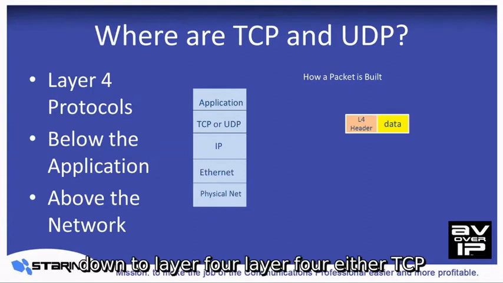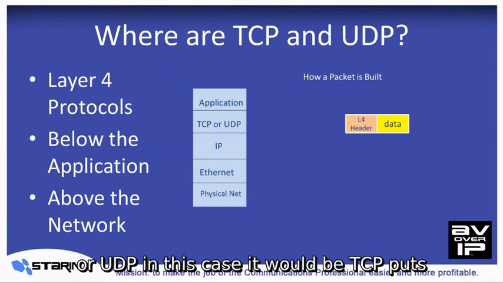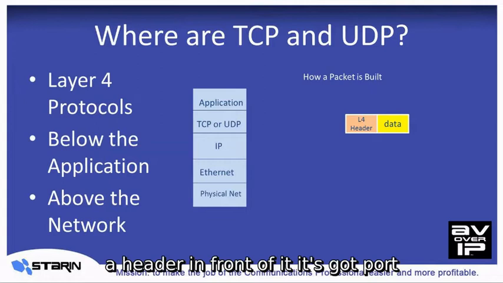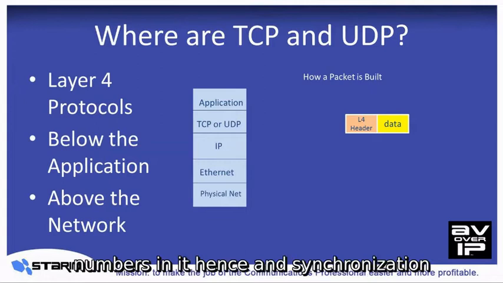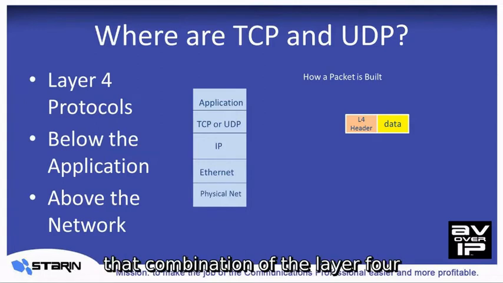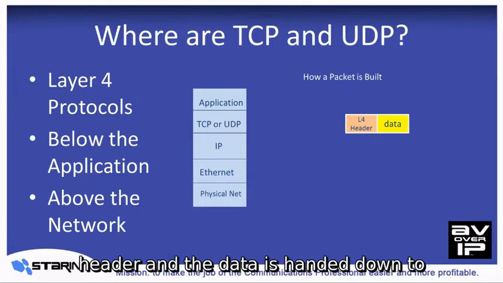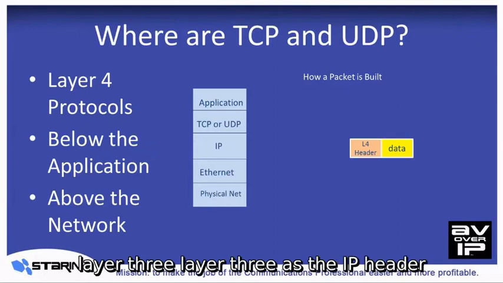So it sends it down to layer 4. Layer 4, either TCP or UDP, in this case it would be TCP, puts a header in front of it. It's got port numbers in it, it has some synchronization values, all sorts of little codes. That combination of the layer 4 header and the data is handed down to layer 3.